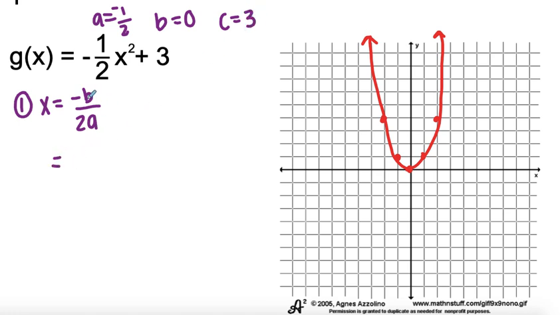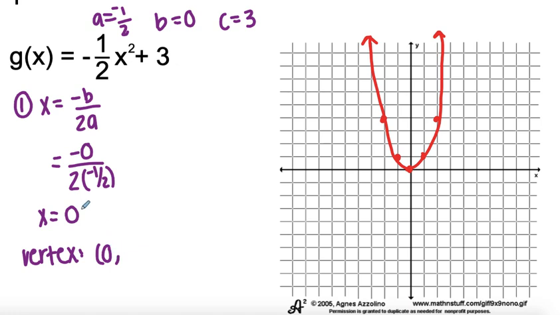So plugging those in, I have negative 0 over 2 times A, which is negative 1/2. And well, 0 divided by any number is always just going to be 0, so I have x equals 0. So I know my vertex is starting with 0. And then now to get my y value, I'm going to plug that into my function.